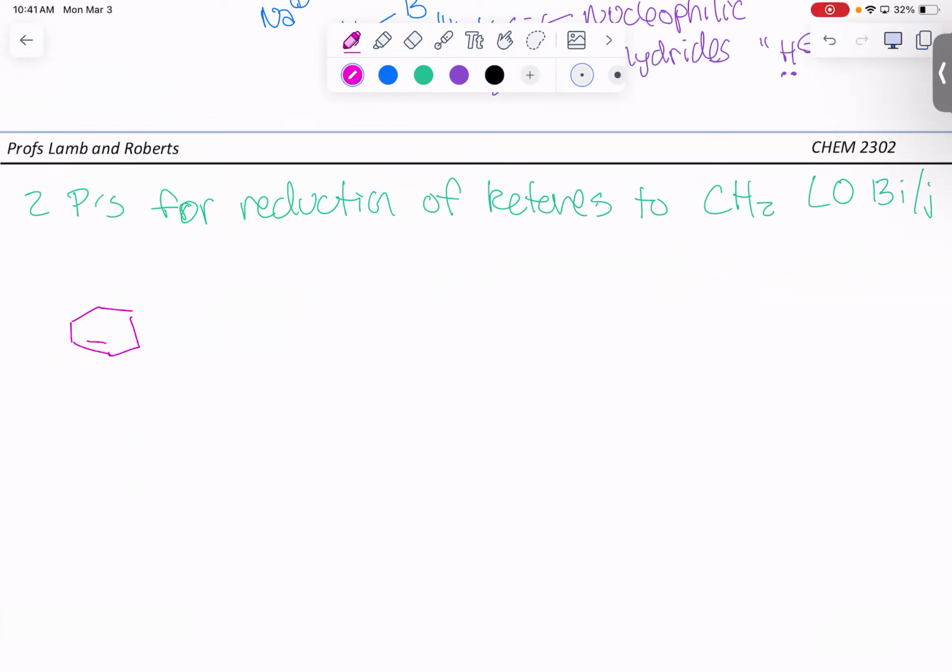So here we could take something that looks like this. We could have made it through electrophilic aromatic substitution or some other method. It doesn't really matter. We have acidic conditions, and our acidic conditions were our Clemmensen reduction, where we use zinc, mercury amalgam, and HCl.